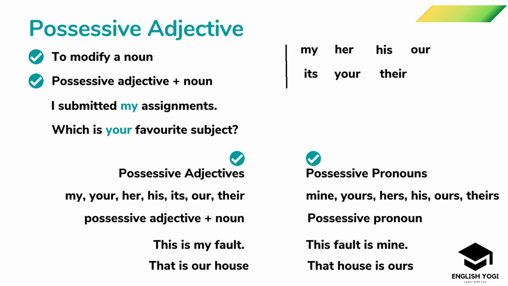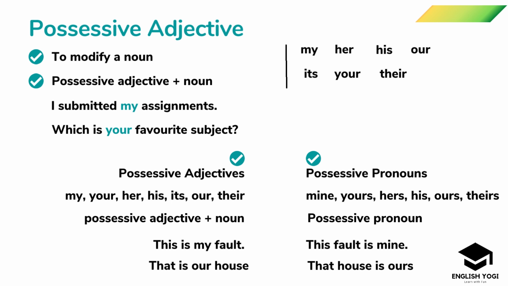There are certain possessive adjectives that we have to learn by heart, we have to mug up, and they are my, her, his, our, its, your, and their. There should not be any confusion between possessive adjectives and possessive pronouns. So what are the possessive adjectives? They are my, your, her, his, its, our, and their. And what are possessive pronouns?